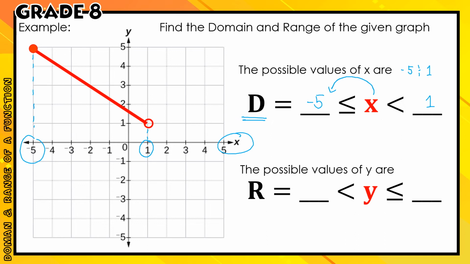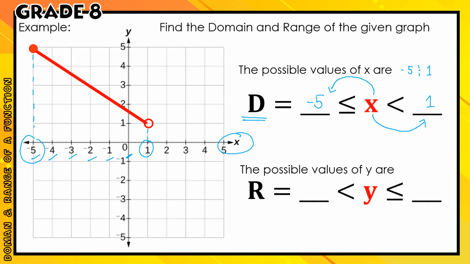Pwedeng kasama si negative 5 dahil shaded, negative 4, negative 3, negative 2, negative 1. Sabi dito, but less than positive 1. Hindi kasama si positive 1 dahil hollow circle, hanggang 0 lang ang given o ang value. So the values of x are negative 5, negative 4, negative 3, negative 2, negative 1, and 0. Kasi dito sa condition natin, x is greater than or equal to negative 5 but less than positive 1.